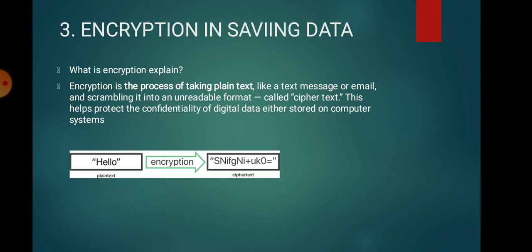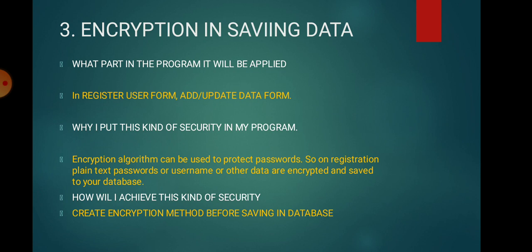An example is the word hello, which we encrypt to an unreadable text called ciphertext. What part in the program will it be applied? It will be applied in register forms, when we create new users, and of course in the add and update data form.